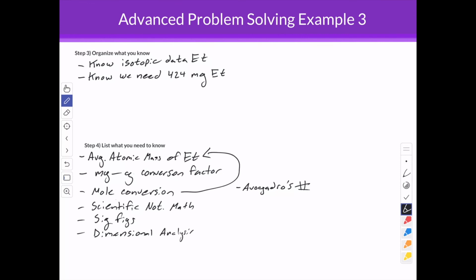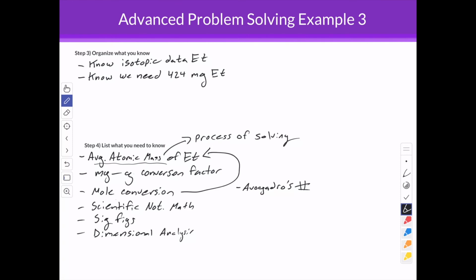I'm just going to group it with this: the average atomic mass, we need to know the process of solving. And I think I've covered it all.